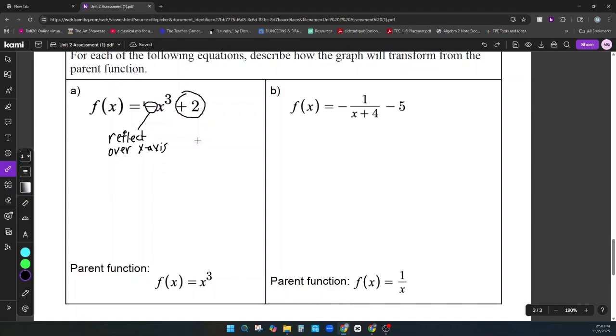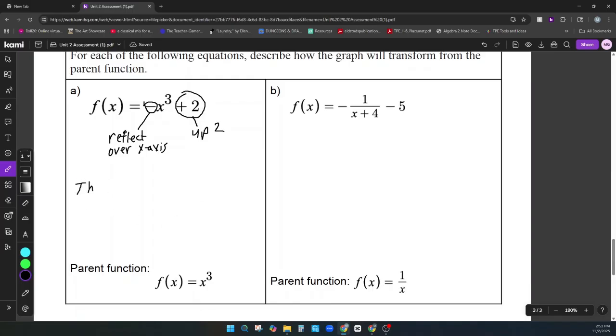If it was inside parentheses or inside whatever's happening to x, it would be considered an h value. But since it's just here at the end, separated from what's going on for x, this is a k value. Our k value effects are vertical, so I know that this is going to be a shift going up by 2.